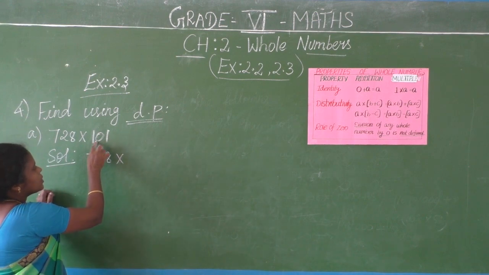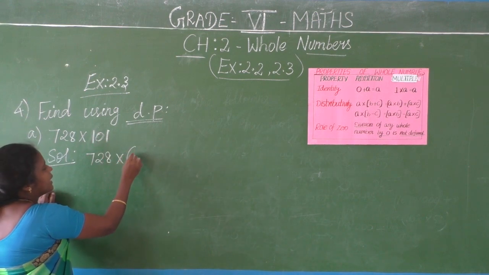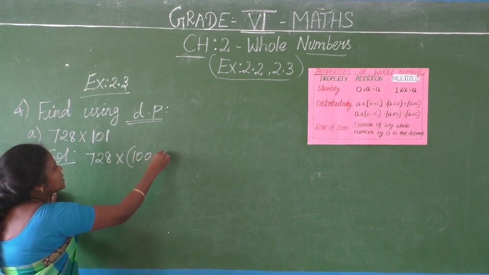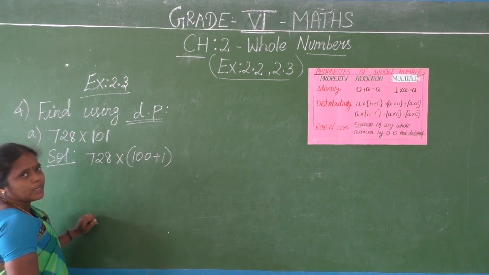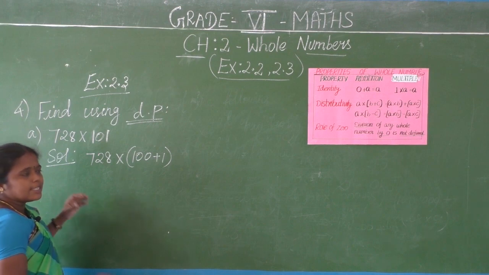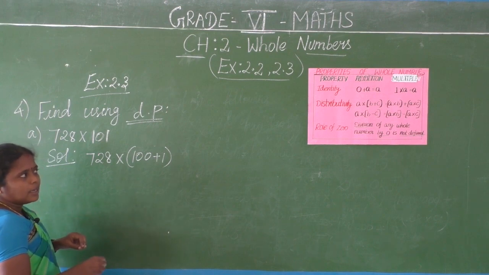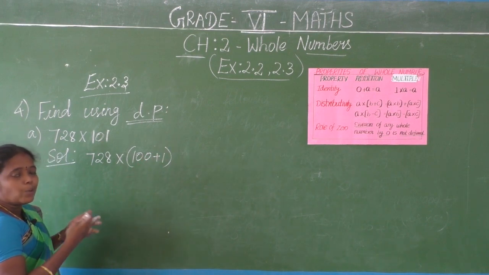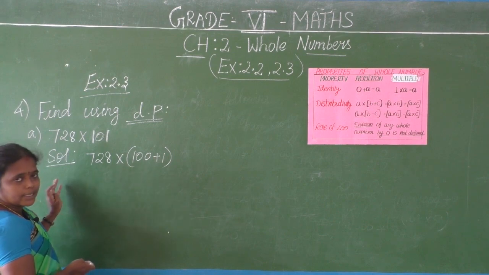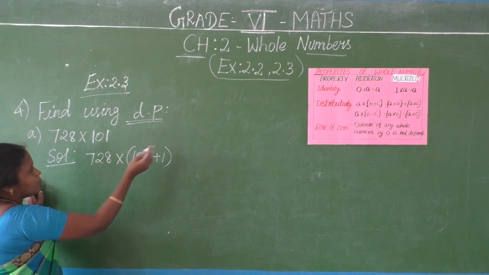Clear? So I am going to split this 101 addition-wise as 100 plus 1. Correct? No, I am not going to change that value. Just for my convenience, according to that property I have written it under addition. Clear? Now match the formula.